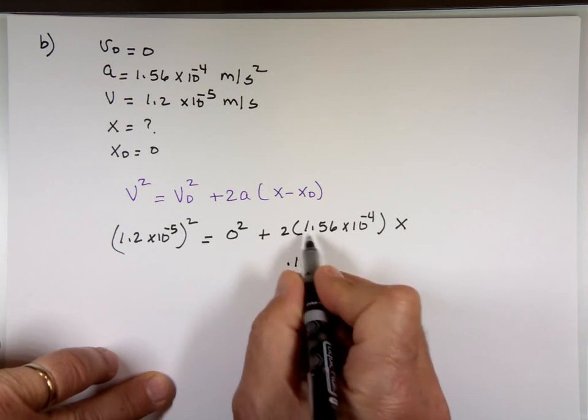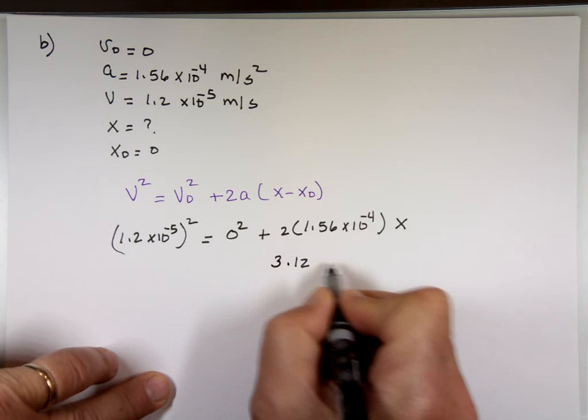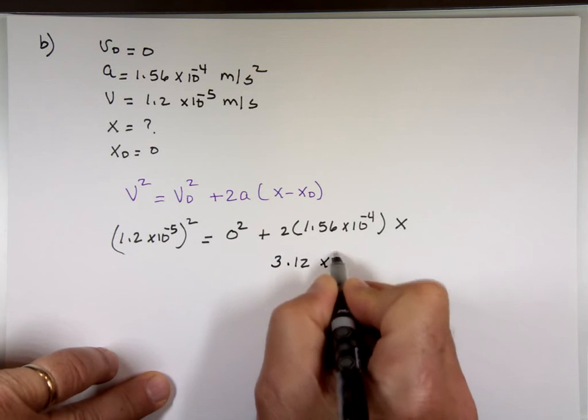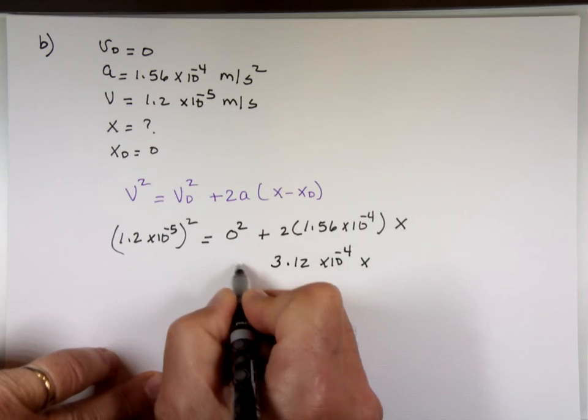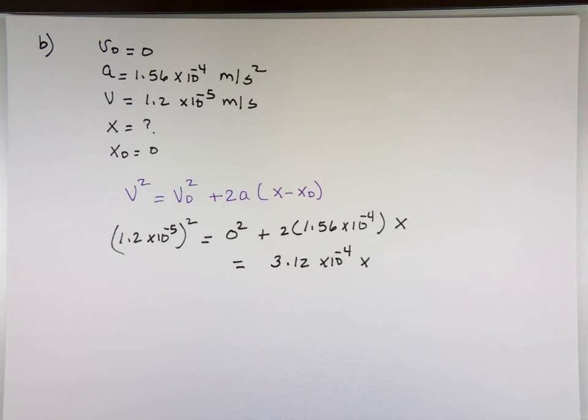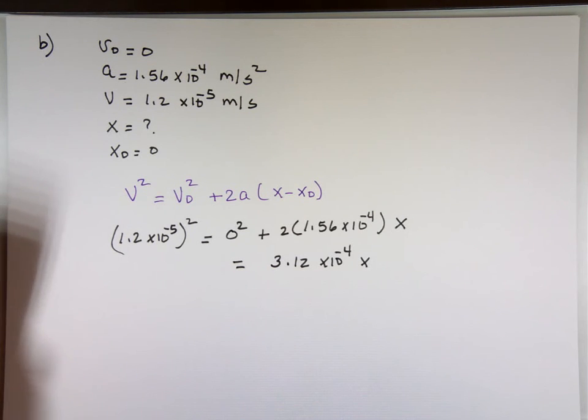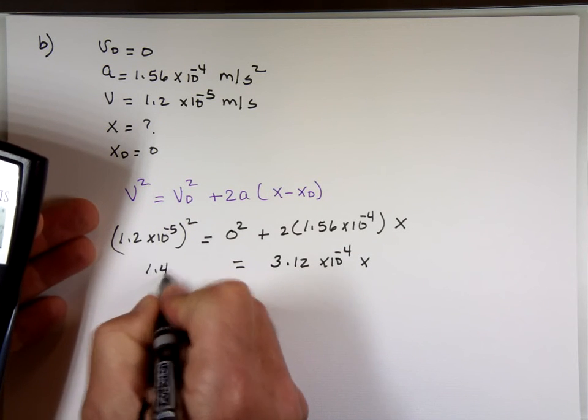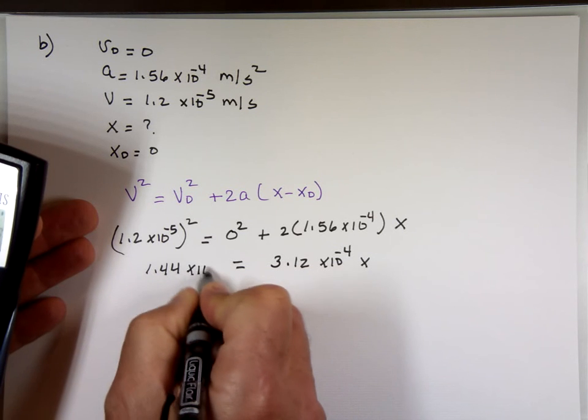On the right side, if you multiply by 2, you'll have 3.12 times 10 to the minus 4. On the left side, 1.2 times 10 to the negative 5, and you square that, you have 1.44 times 10 to the negative 10.